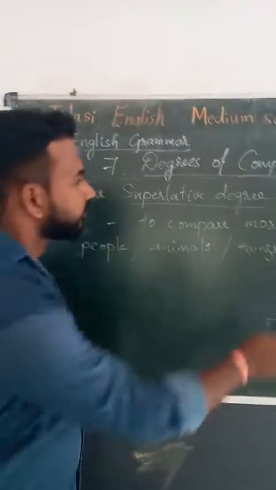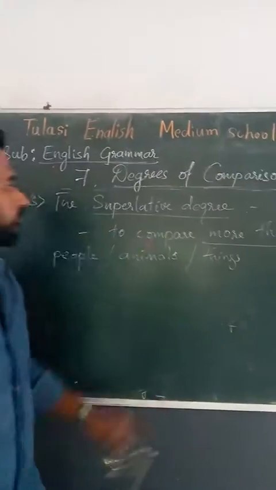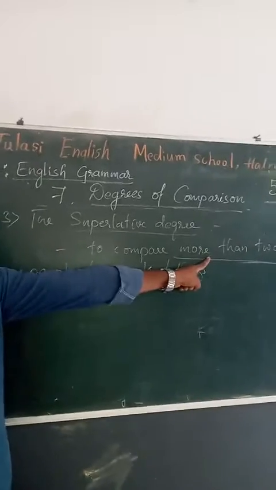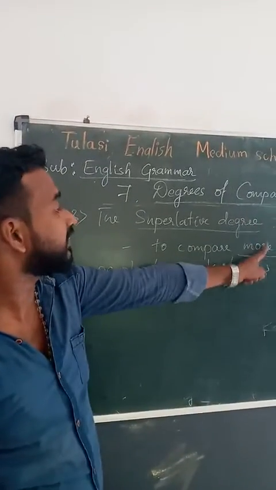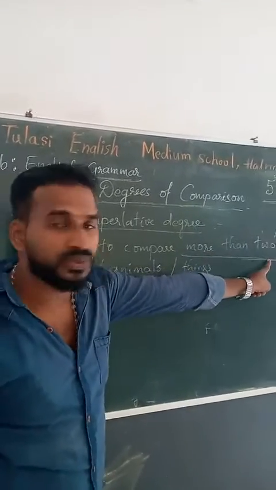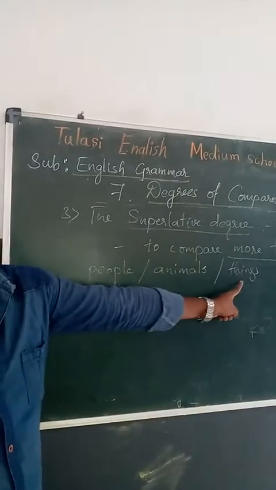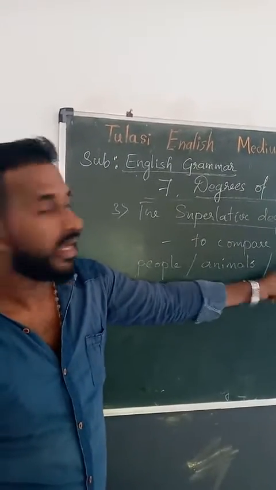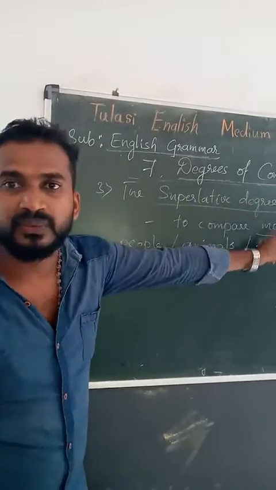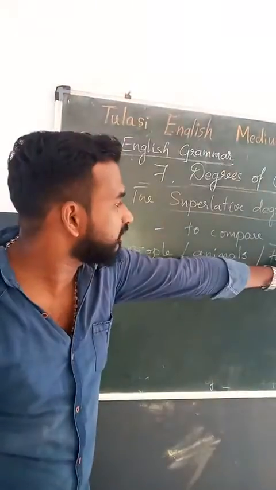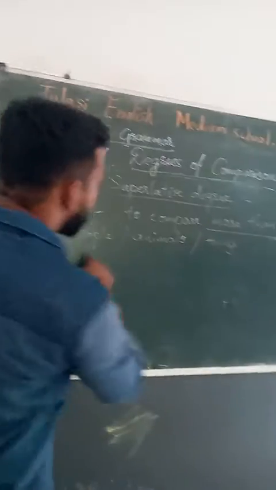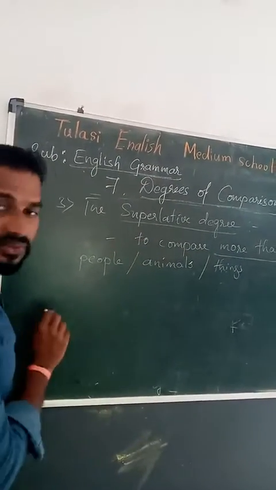See, more than two. In the superlative degree, we compare with more than two people or animals or things. In the comparative degree, we compare two objects. Here, comparison between two objects, two people or animals or things. Here, more than two.